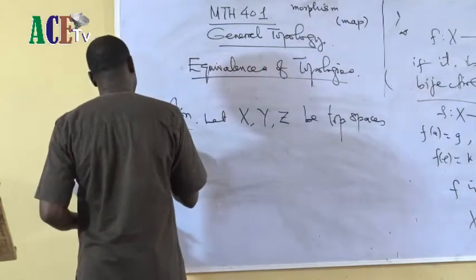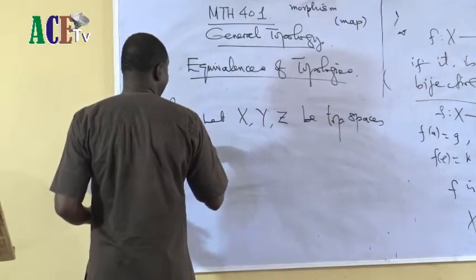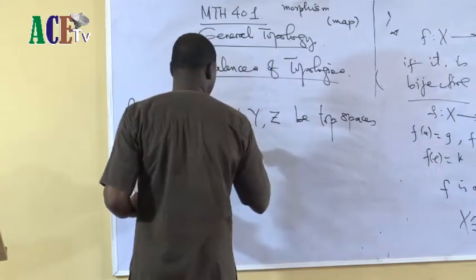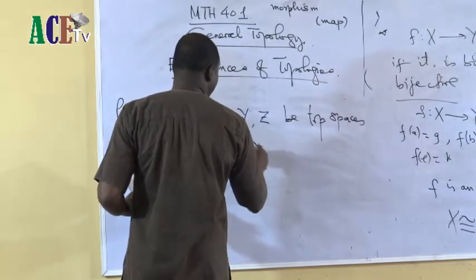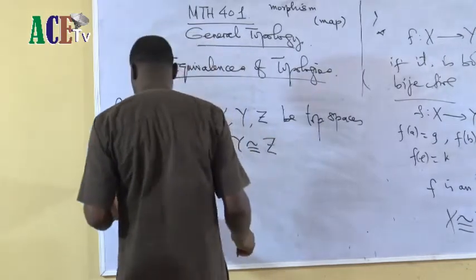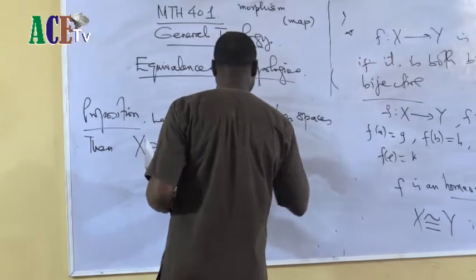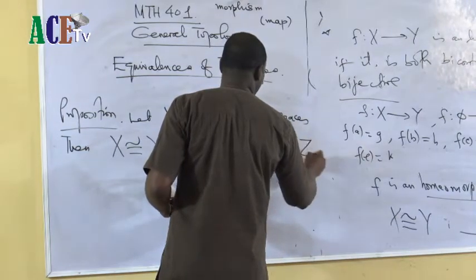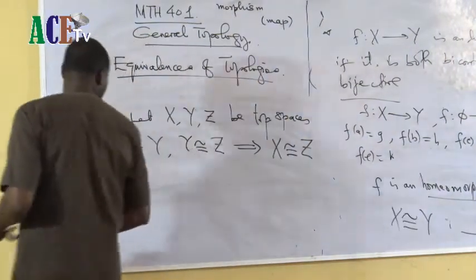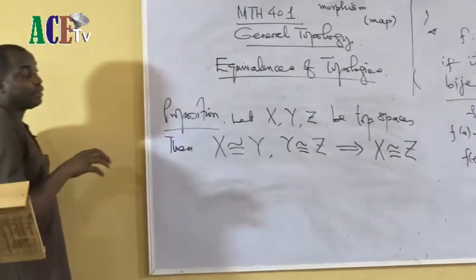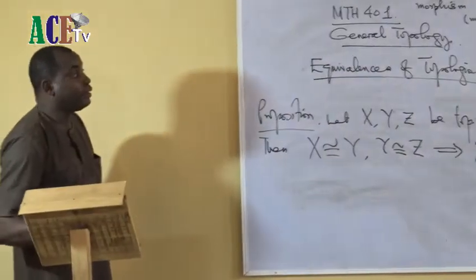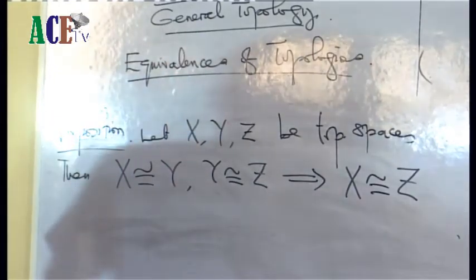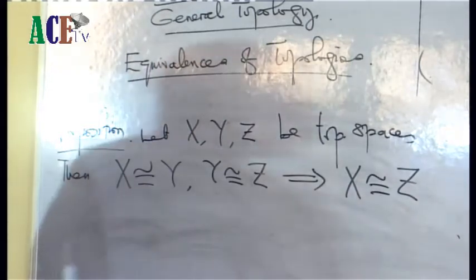Then X is homeomorphic to Y, and Y is homeomorphic to Z, implies X is homeomorphic to Z. Now, this one is the transitive nature, the transitive nature of homeomorphism.